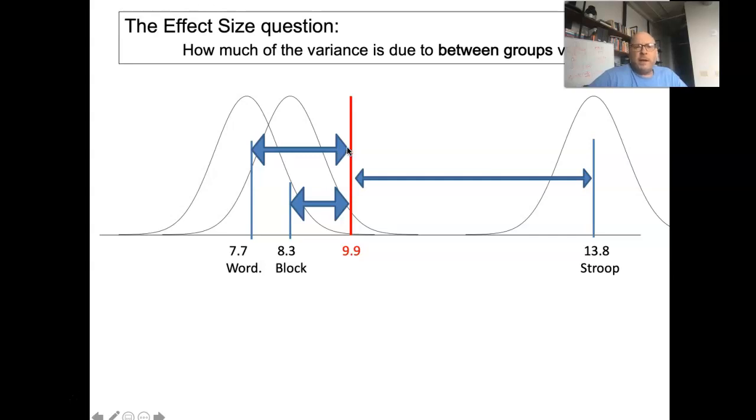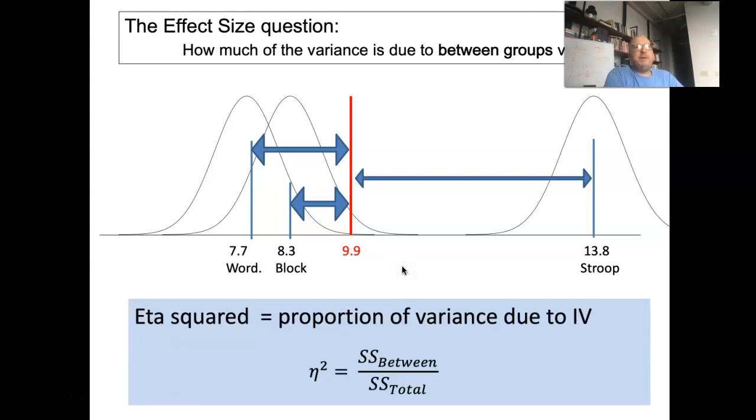So you would take that distance, square that, add them up, and that's what is sums of squares between. And so what we're working on now is finding out, if that sums of squares between is much greater than sums of squares within, how much of the variance is actually due to that.